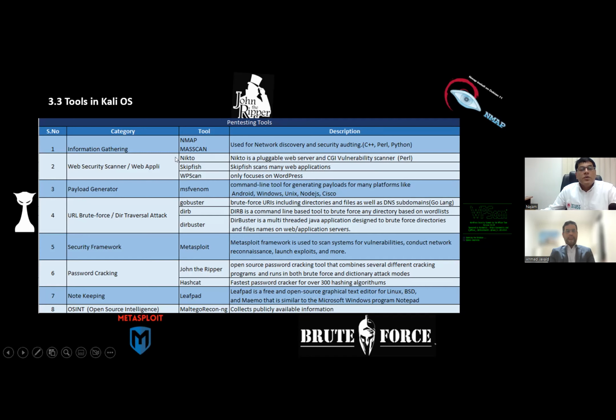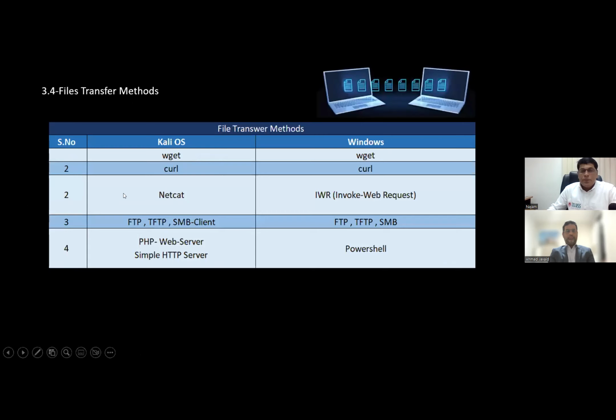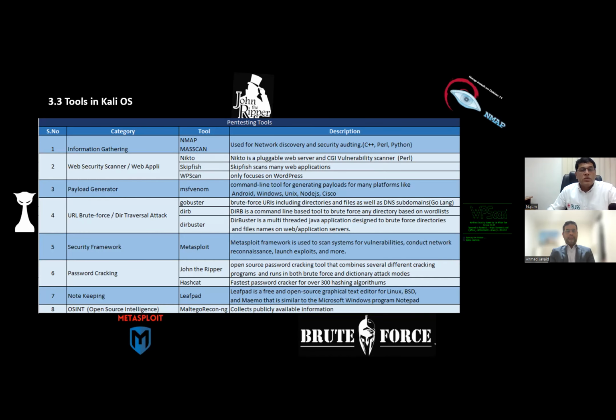Another tool which you should use is Nikto. What is Nikto? Nikto is a web scanner and CGI scanner. It is written in Perl. If you are scanning any website, you will use Nikto, which is a basic tool. It is not a very professional tool as compared to Burp Suite, but for a beginner, this is a very good tool.